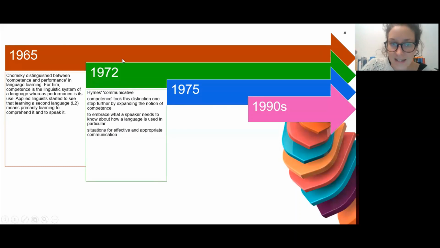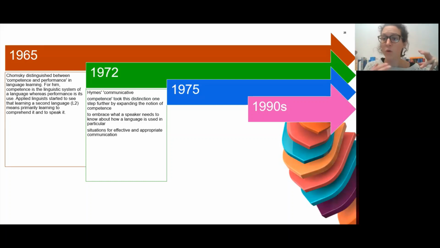Now, in 1972, Hymes was talking about communicative competence as a separate competence, and he was mostly giving us this context that we are studying language functions, not just a set of rules and vocabulary that then somehow we combine together.